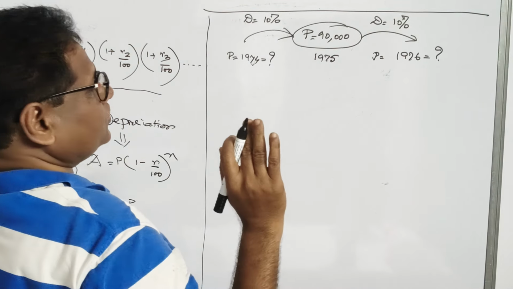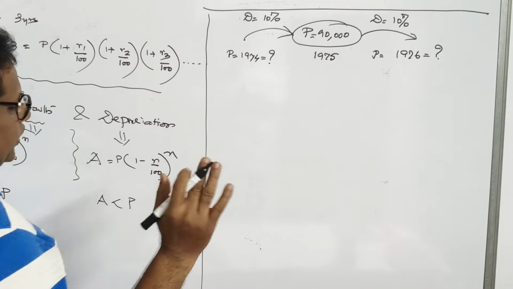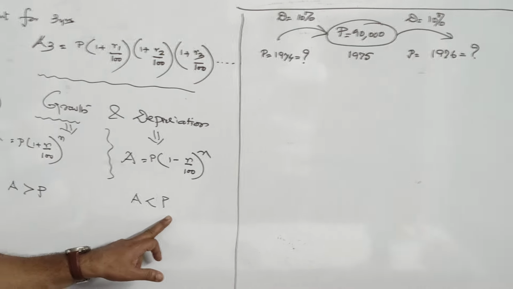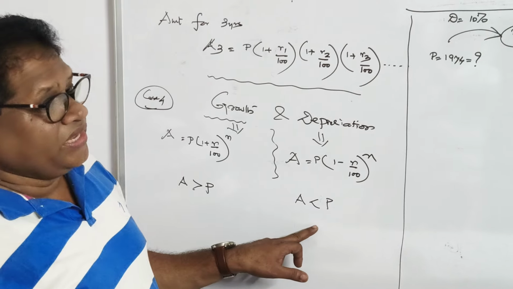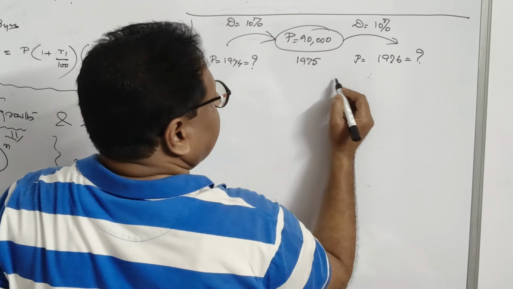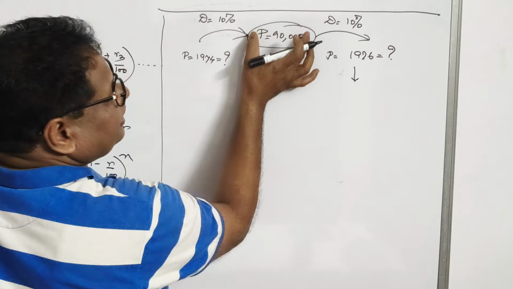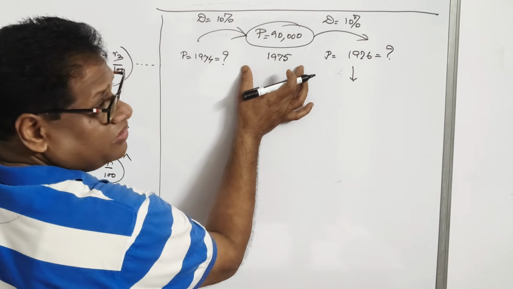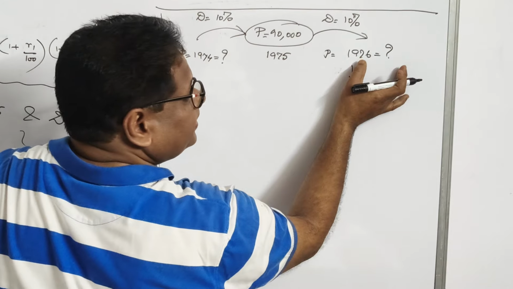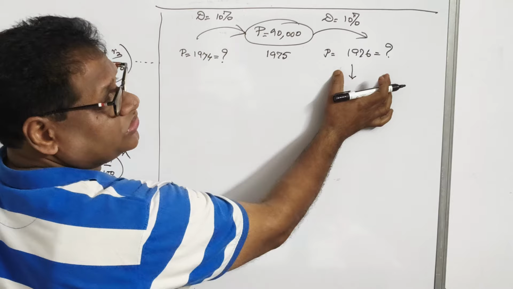Now a very simple concept: as I told you earlier, the amount keeps decreasing compared to the principal in case of depreciation. Here, for this part, you take the population in 1975 as the principal, and what it becomes after 1 year, that is 1976, you take as the amount.